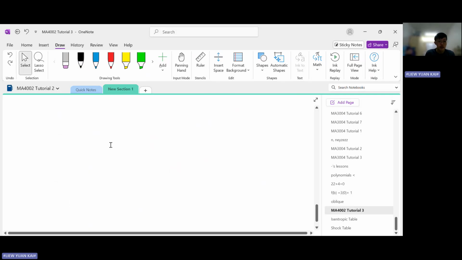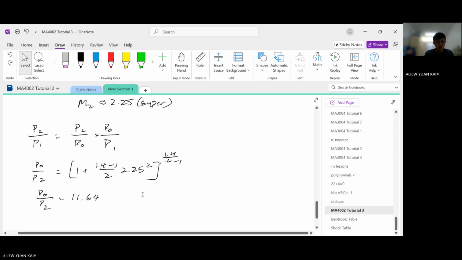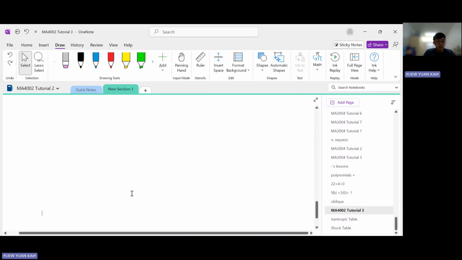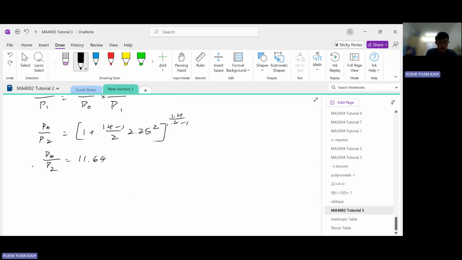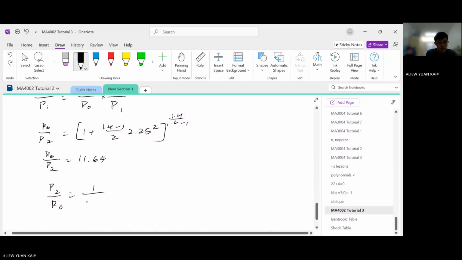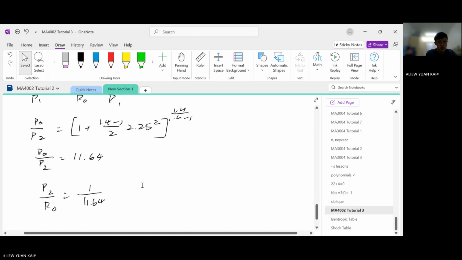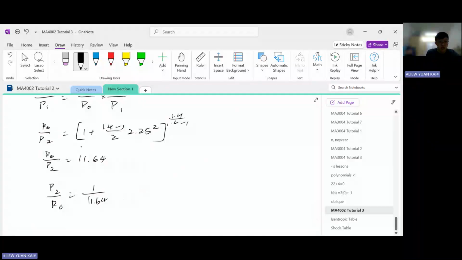In order to find P2 over P naught, we just take the reciprocal of this answer that we found just now. If you punch this reciprocal in your calculator, you should get 0.085891.